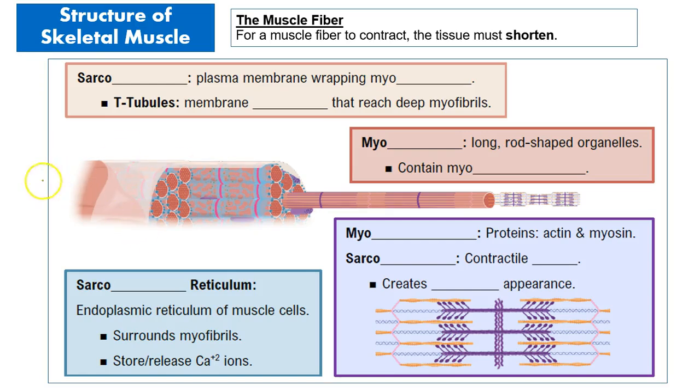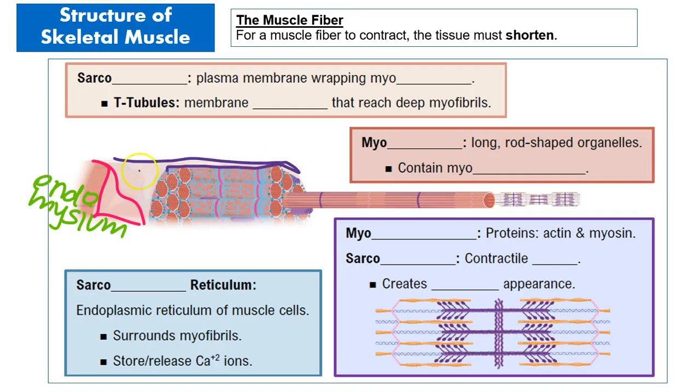We see some endomysium here, and it's sort of peeled back. Okay, that endomysium looks like it's kind of peeled back. And what we're revealing is what's called the plasma membrane, or the membrane of our myofibers.